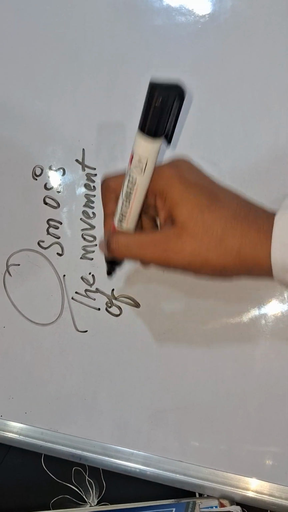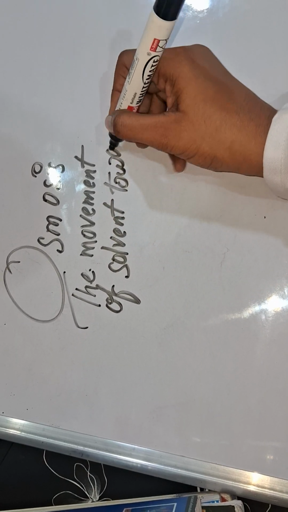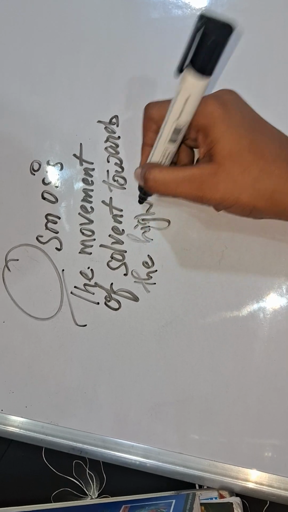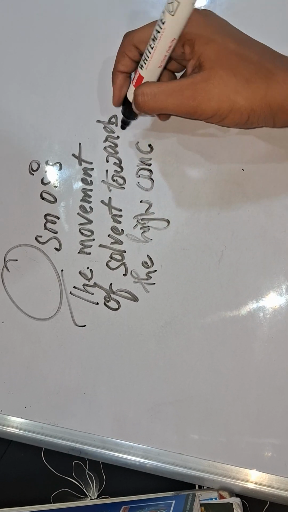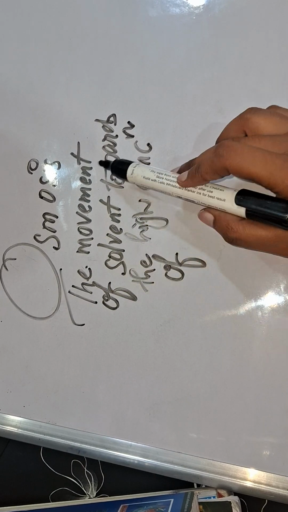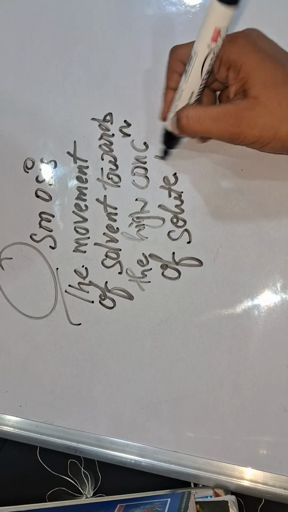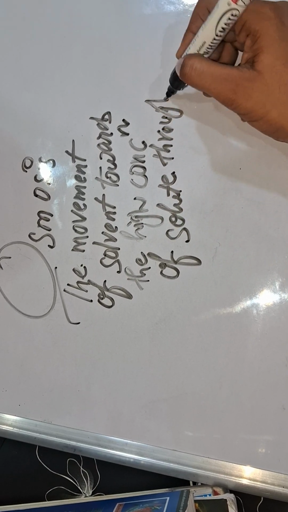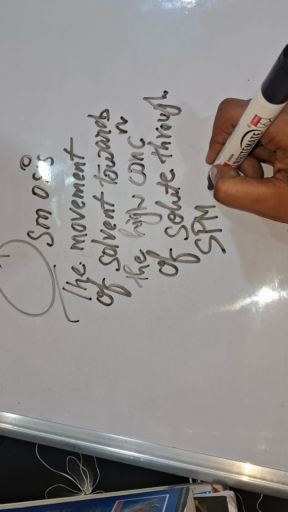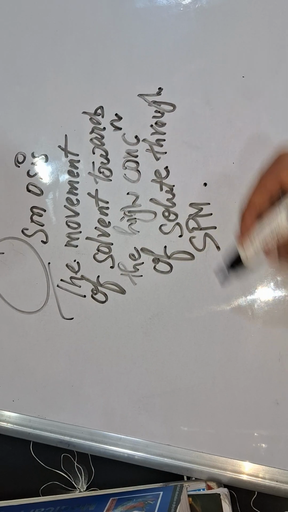The movement of solvent towards the higher concentration of solute through the SPM, that is the selectively permeable membrane or plasma membrane. The movement of solvent towards the higher concentration of the solute through the SPM.